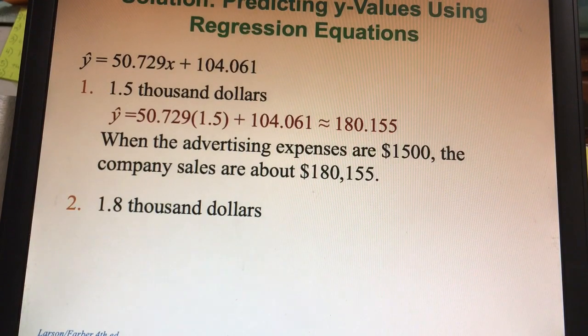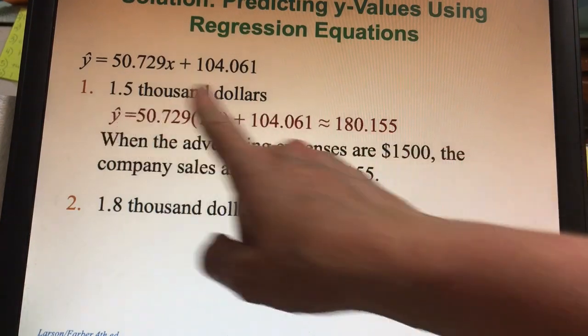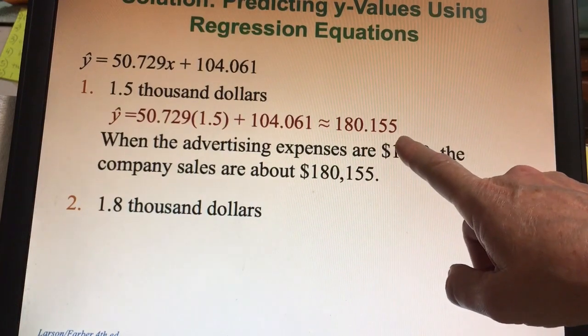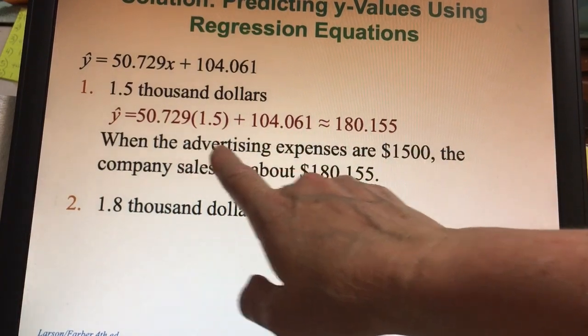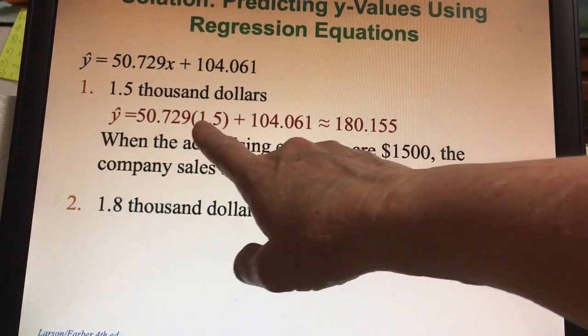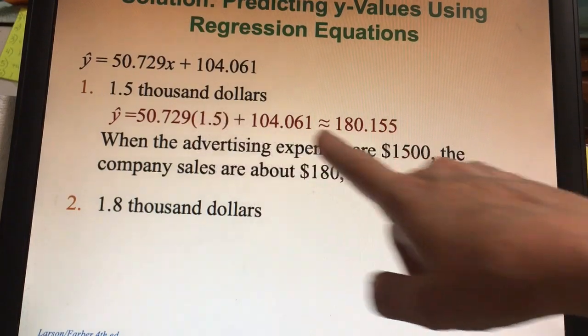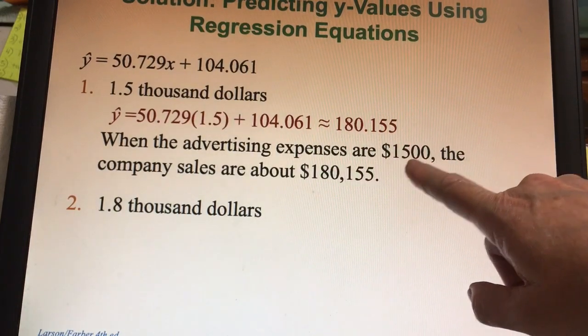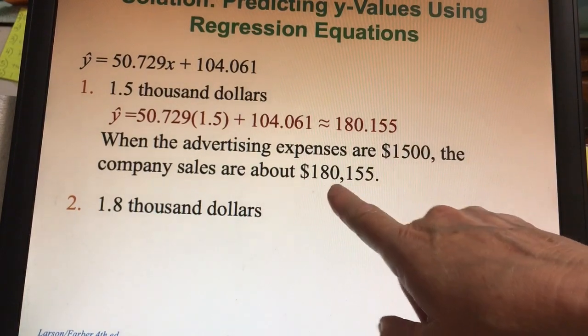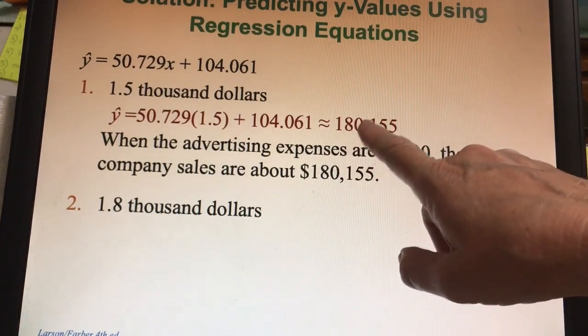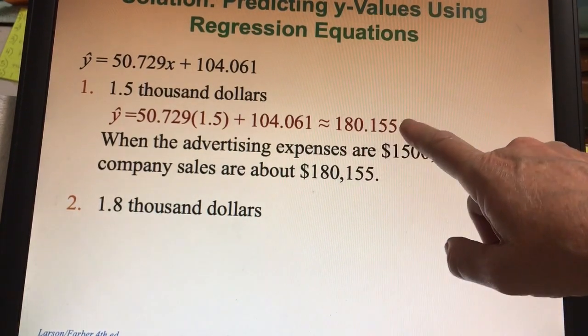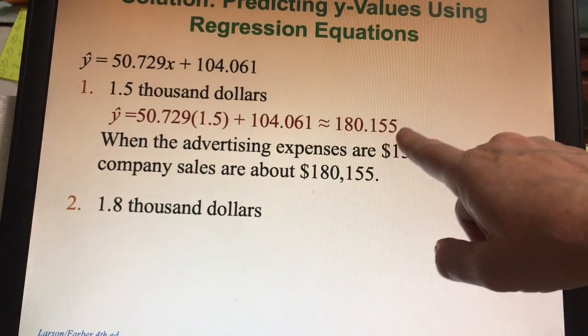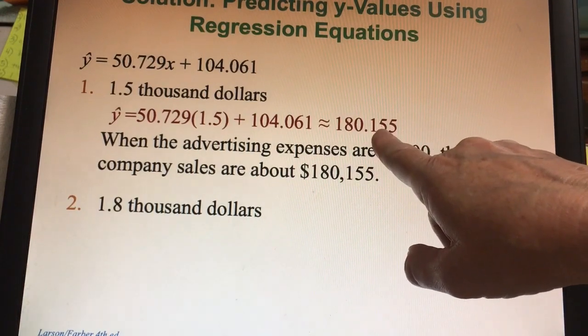So we plug in the 1.5, we come out with the y hat is equal to 180.155 when the advertising expenses are 1.5 thousand or 1,500. Then the company sales are about 180,155, because remember this was also in thousands.